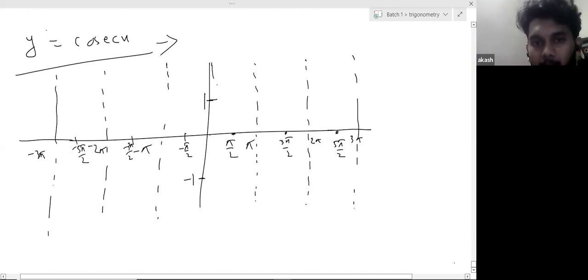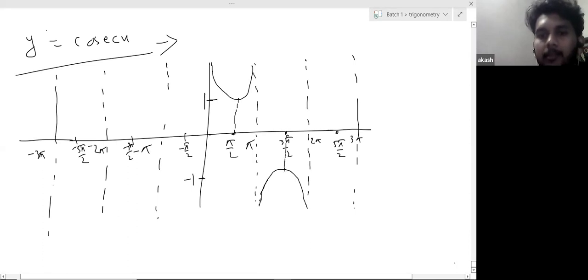This graph is like this. Alright, and this one is at pi by 2. Then like this. This minus 1 is at minus pi by 2. Then again this.